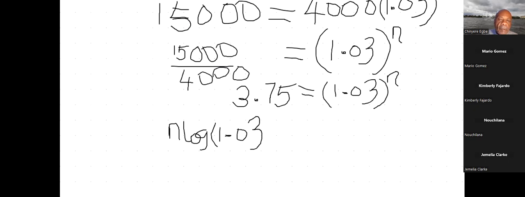I'm just giving you a mechanical solution. That is equal to, now you have to do the log of both sides, the log of 3.75.